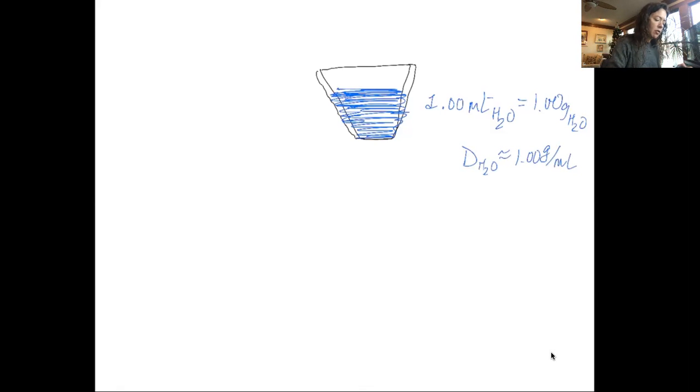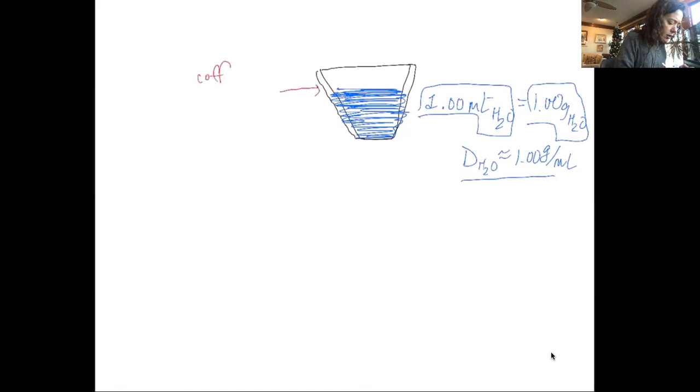So oftentimes you're given a volume, and we either make the assumption if we're in the lab, or the problem gives you the density, and we go from volume to mass. I need to know the exact amount of water that I put into this coffee cup, which we are going to call a coffee cup calorimeter.